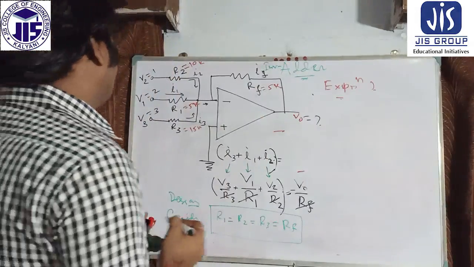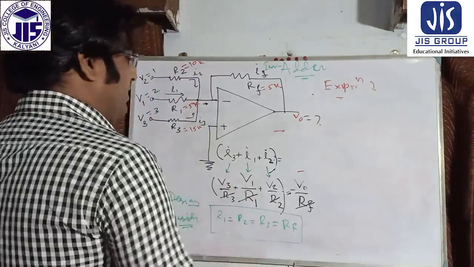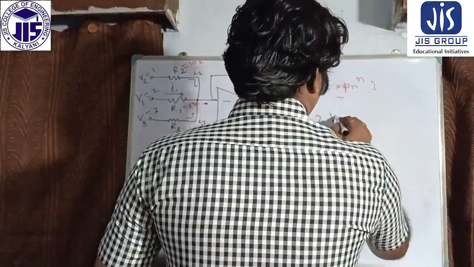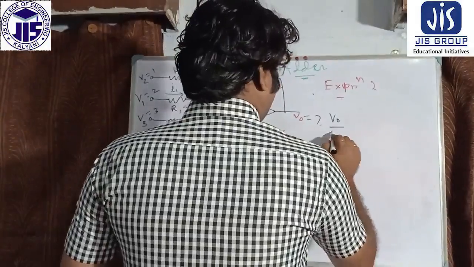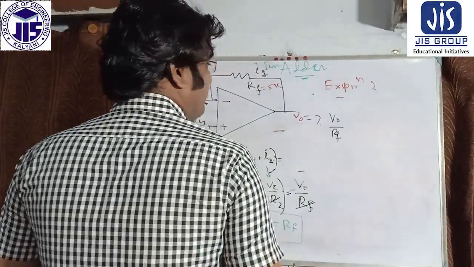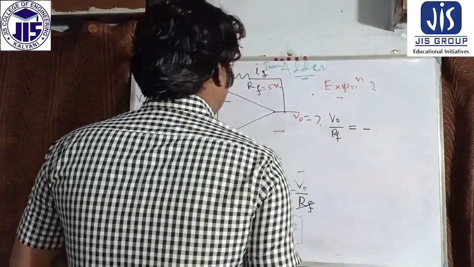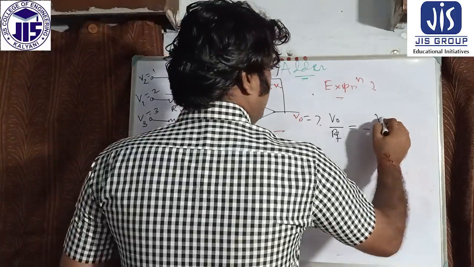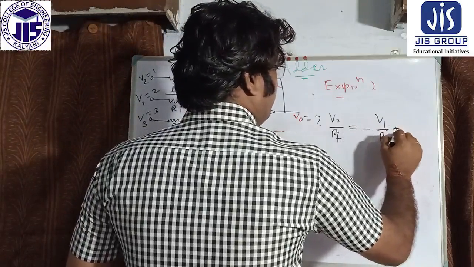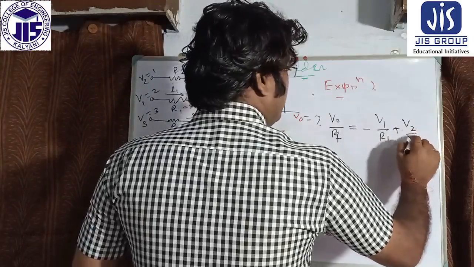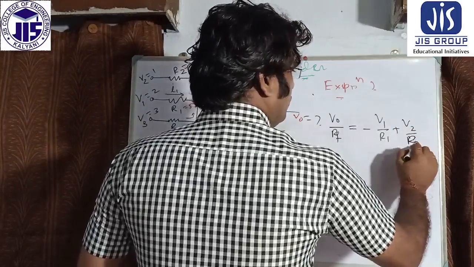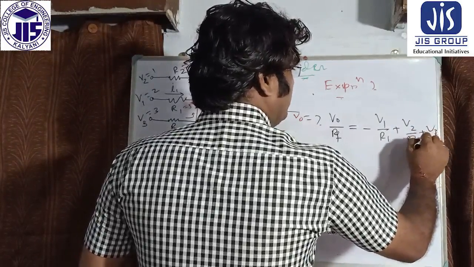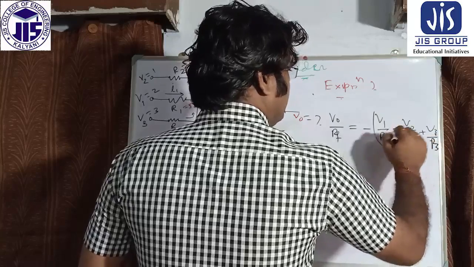For that, again I go for this particular equation: V naught by Rf equals minus of V1 by R1 plus V2 by R2 plus V3 by R3.